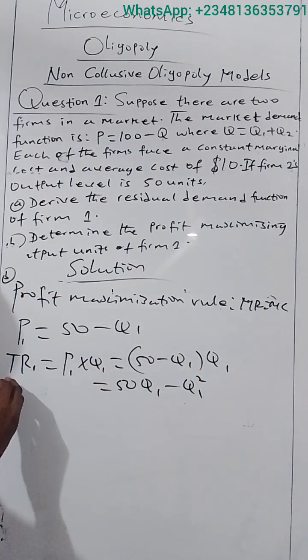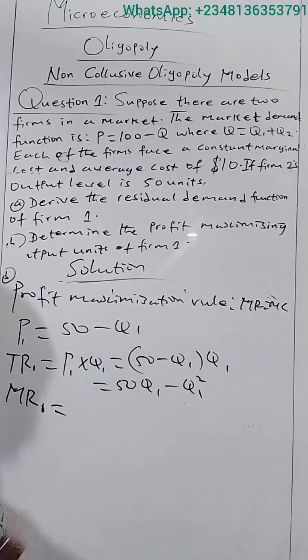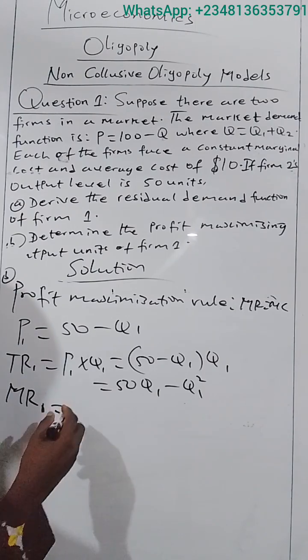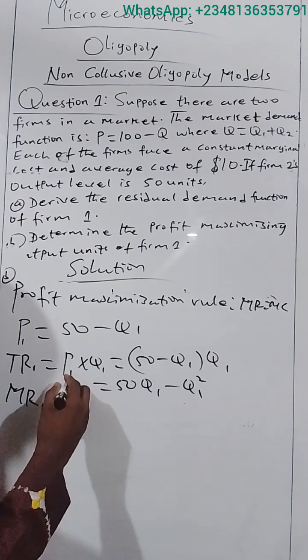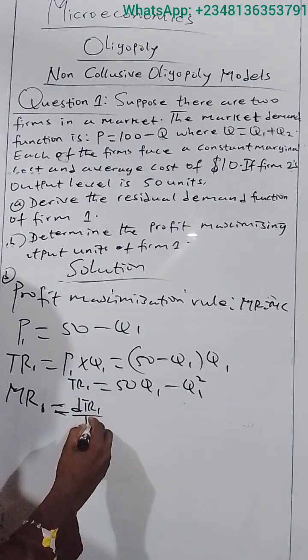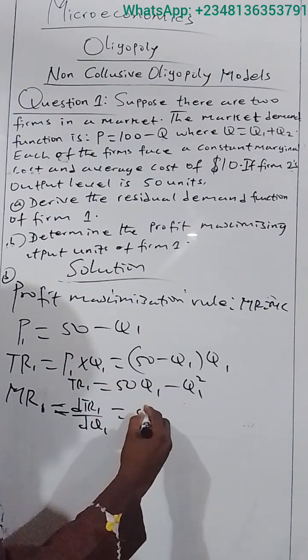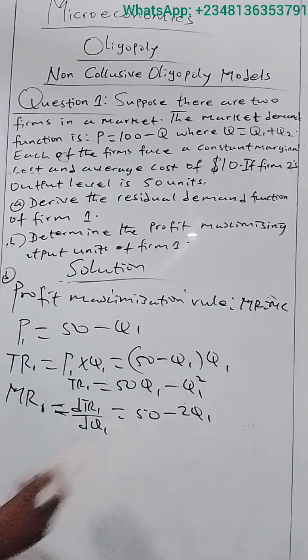The marginal revenue for firm 1 from the residual demand function will be equal to the derivative of TR1 with respect to Q1. This is equal to 50 minus 2Q1. So we are done with this.